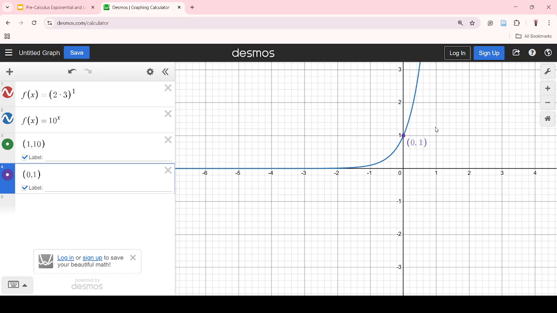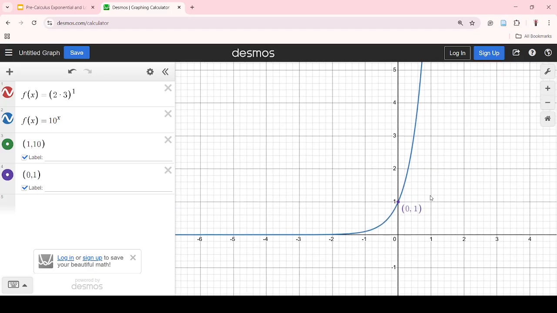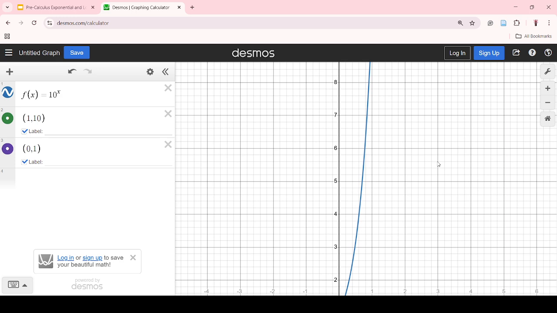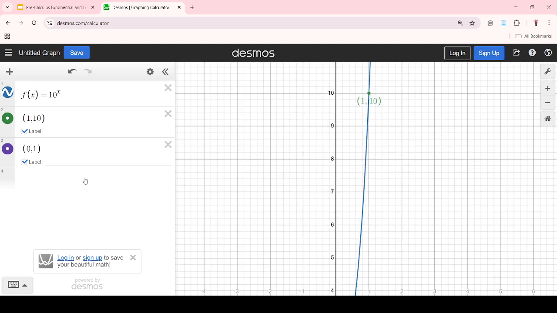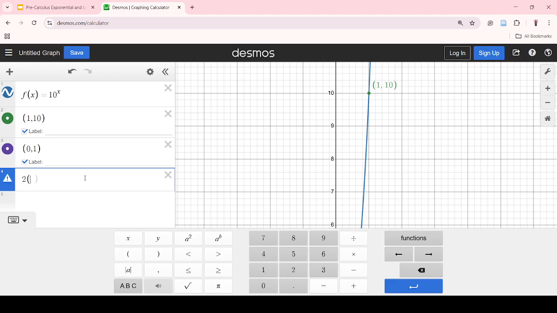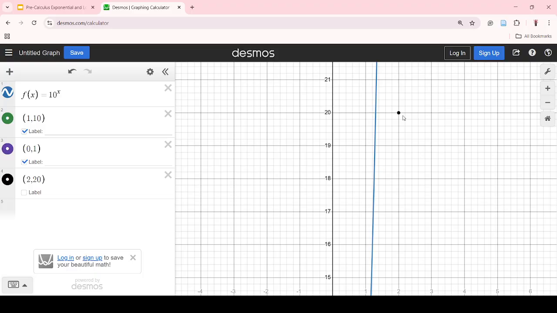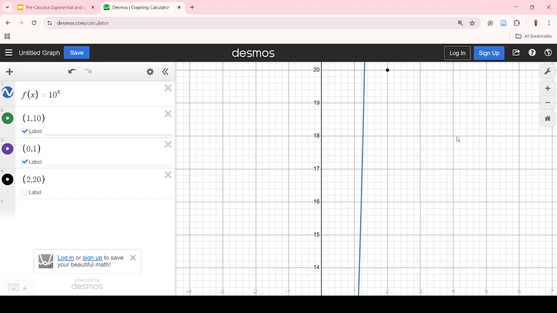And as you see here, 1, 10 is right here. Then it will intersect on 2, 20. Somehow I've made a mistake here. That's not correct.